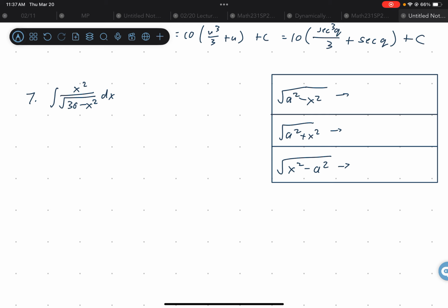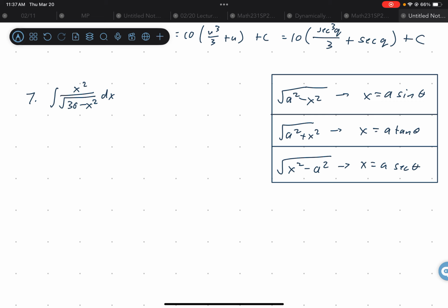This is basically U-sub, okay? Trig sub is basically U-sub, but we're going to use this table. So we're going to say x equals a times sine theta, x equals a times tangent theta, and then here x equals a times secant theta.